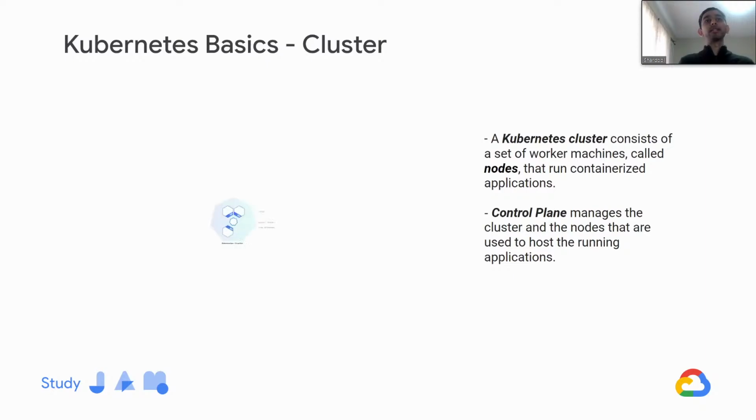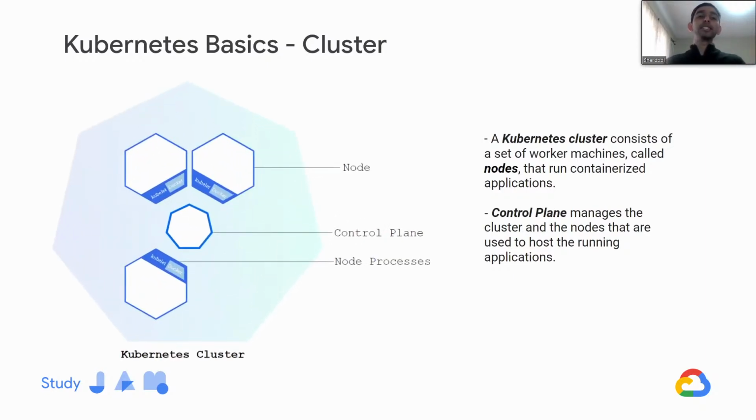So let's quickly look at some of the Kubernetes basics, because this will help us understand the different terminology and how Kubernetes works in general when we're going through the lab. So first off, you have your Kubernetes cluster, and this encompasses the entire Kubernetes platform, and it consists of different worker nodes.